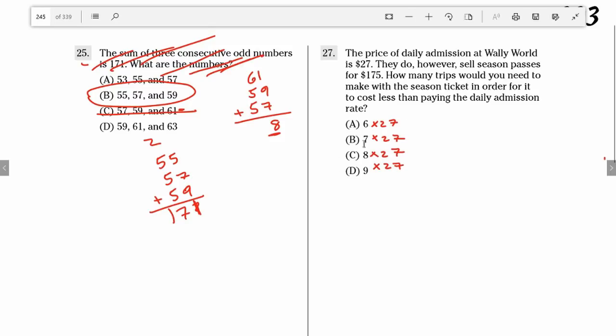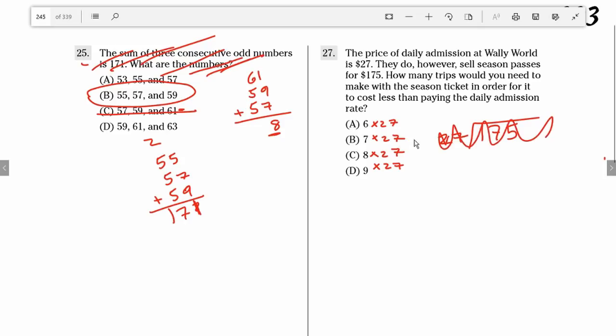I'm trying to think if that's the best way to do this. Actually, I'm going to do 175 divided by 27. Still thinking about the best way to explain this one.